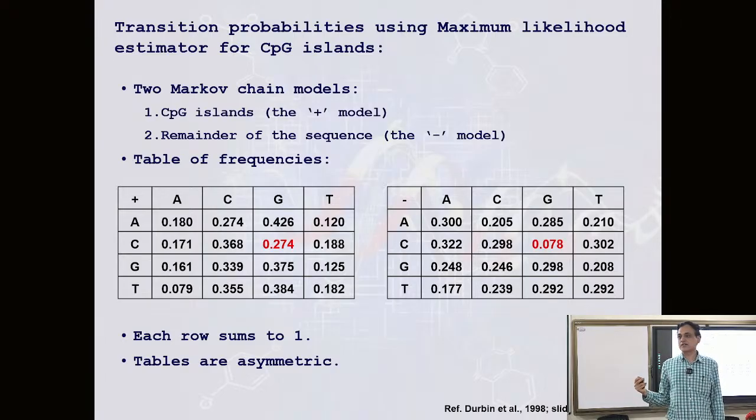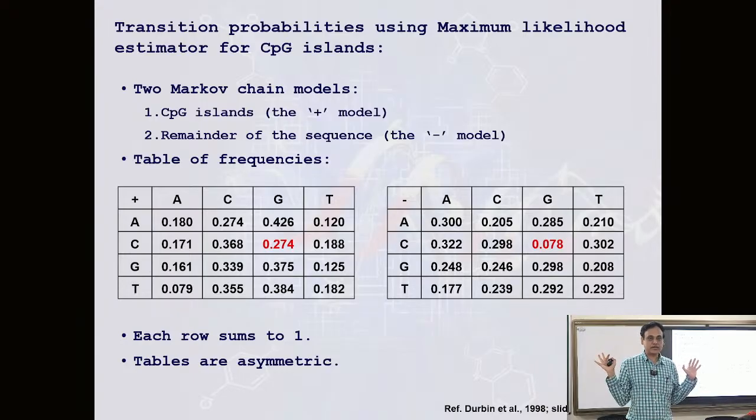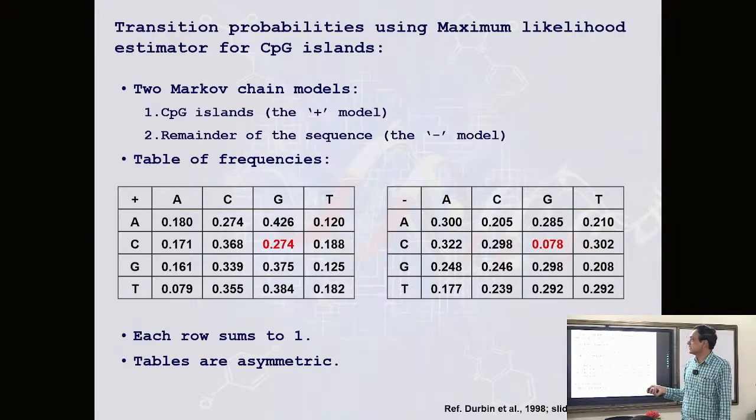And you would expect that for the non-CpG model, which was trained on non-CpG sequences, this probability should be substantially less than what you are observing in the CpG model, right? And that is shown here. That probability in the non-CpG sequences is 0.078, substantially less.